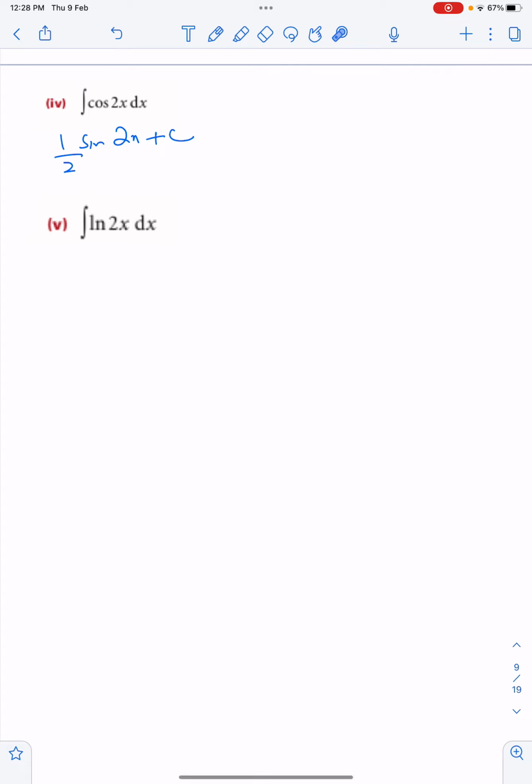So you can write this as 1 times ln 2x dx. Take this as the algebraic function, take this as the logarithmic function. Since logarithmic comes before algebraic, you will take ln 2x as u and 1 as v dash.